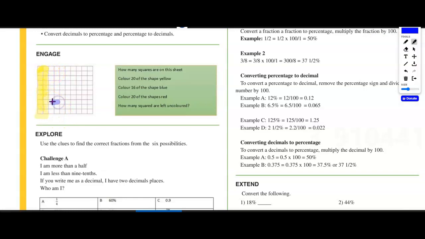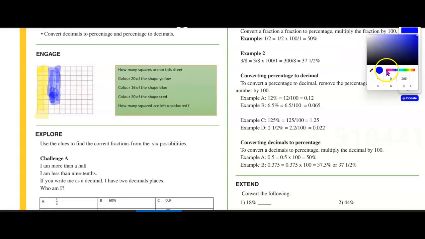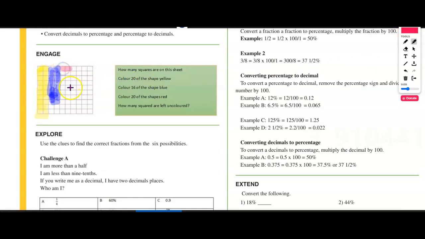So from here up, we could get this being blue. All right. So 20 there, 16 there, and then another 20 will be red. Let's go back to red. All right. So 20, and go all the way down to here.